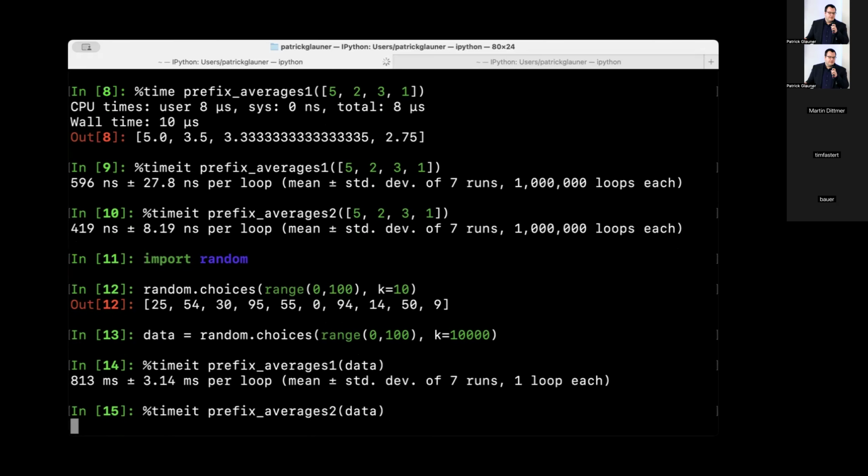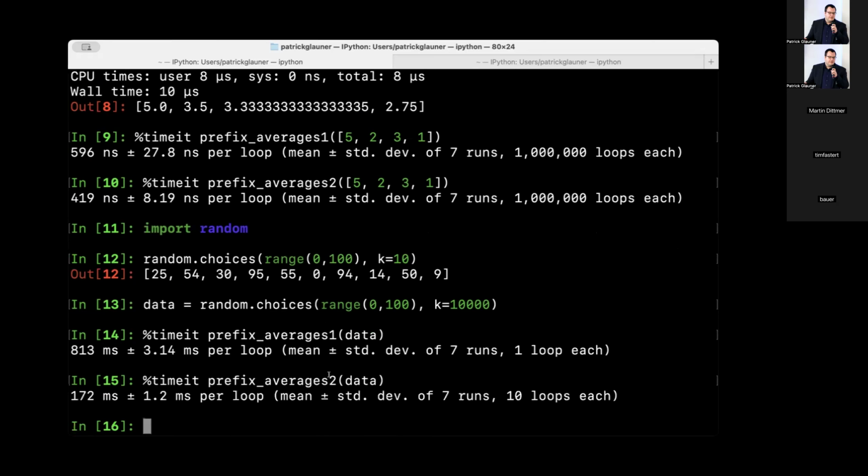Now we're using the more efficient, or hopefully more efficient, one, which uses internally the sum function from Python. This experiment is also run multiple times. And here we see it actually runs with quite a constant factor faster, about 5 times faster, because it just takes 172 milliseconds.